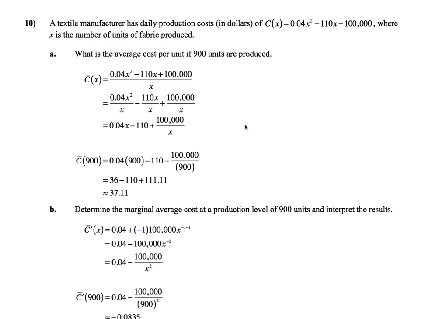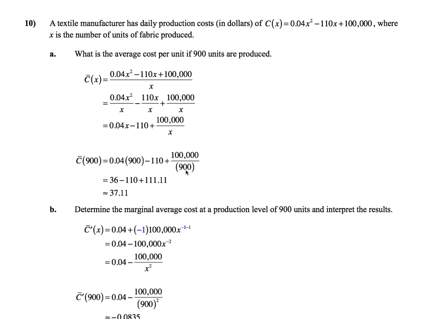Now, what is the average cost per unit if we're making 900 units? Well, to find that out, we substitute 900 into the average cost function, and so that's 900 for x here, and so that's 0.04 times 900 minus 110, and in this last term, 100,000 over 900.